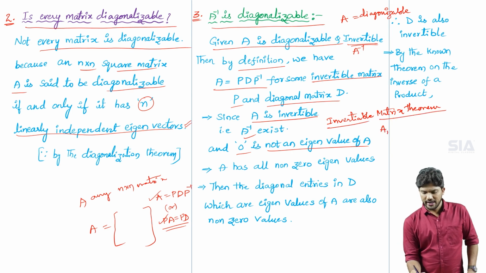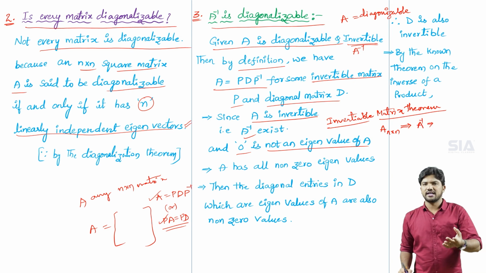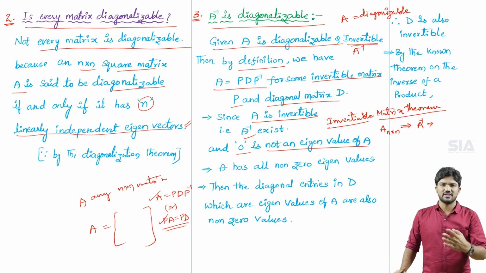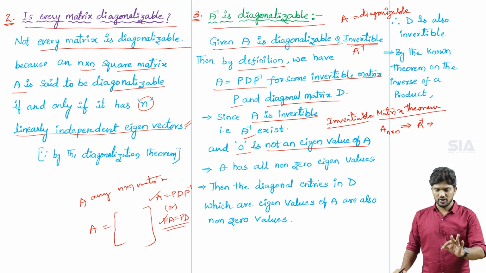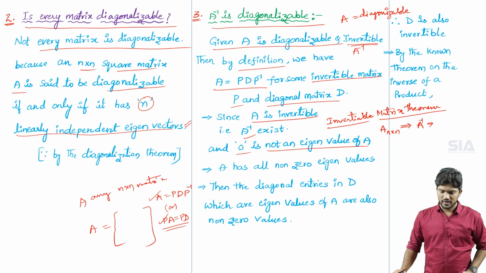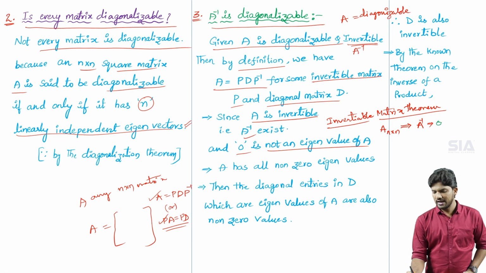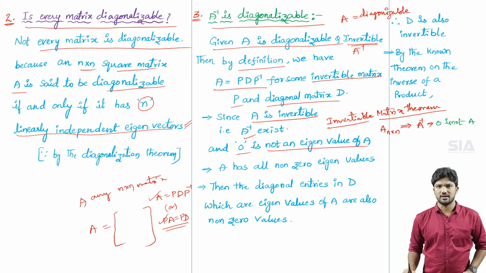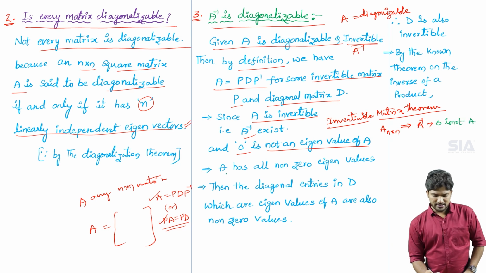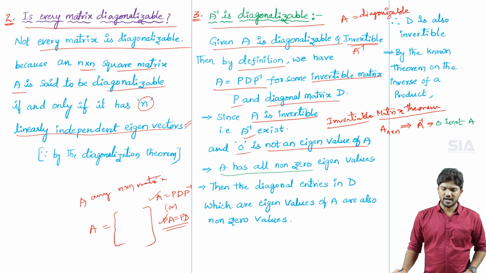Whenever capital A is a square matrix and that capital A has an inverse, then the second condition from the last of the theorem says that 0 is not an eigenvalue of capital A. We can say that 0 is not an eigenvalue, so capital A has all non-zero eigenvalues.